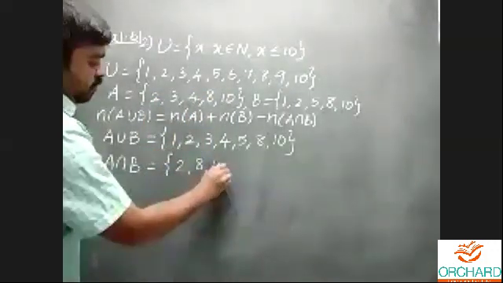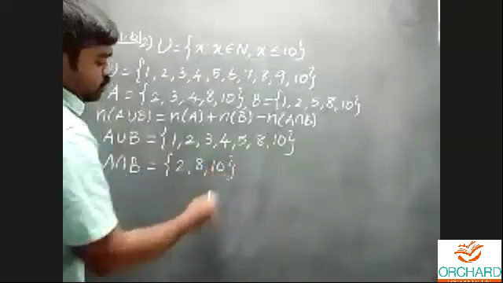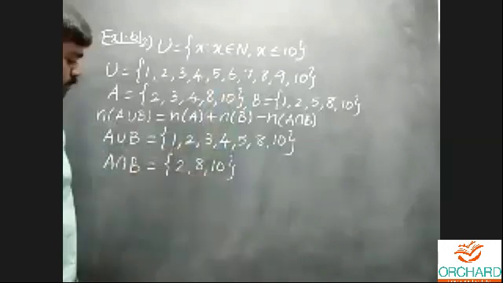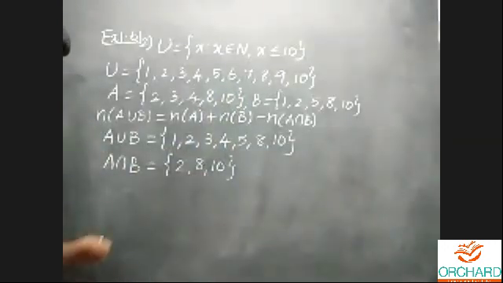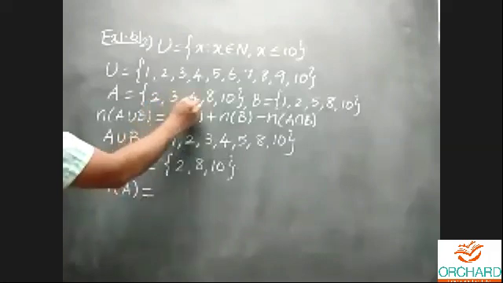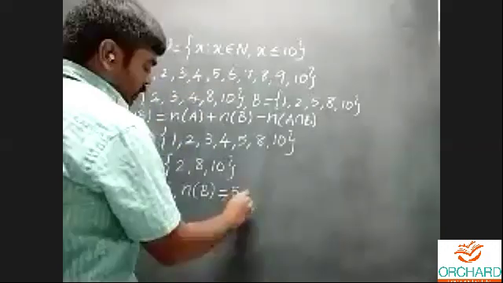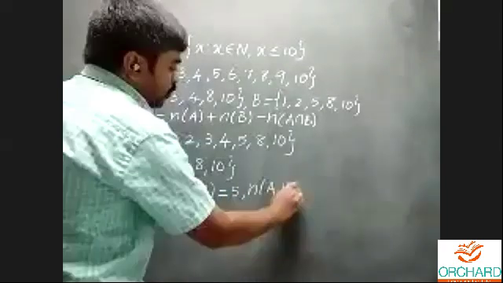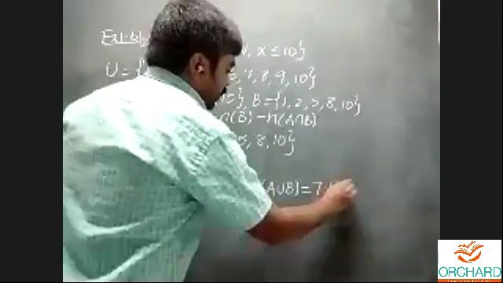These three elements only are common between sets A and B. Now we can identify n of A. How many elements are in set A? n of A is equal to 5. n of B: how many elements in set B? 5. n of A union B: how many elements? 7. n of A intersection B: how many elements in A intersection B? There are 3 elements.